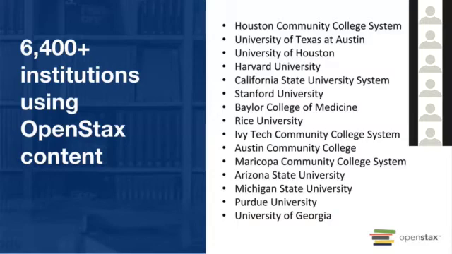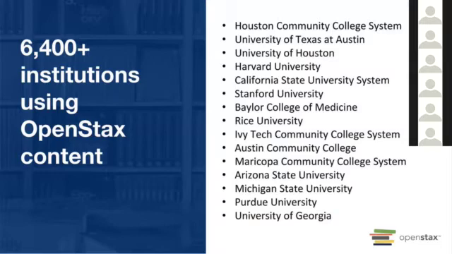So as I was mentioning, 39,000 faculty. That's across 6,400 institutions around the world. They're using at least one book from OpenStax. We've got places all over the United States, including, I'm sure, some of your members like Prairie View A&M, Texas Southern, and I'm sure the list goes on and on.